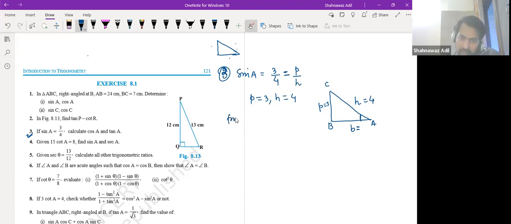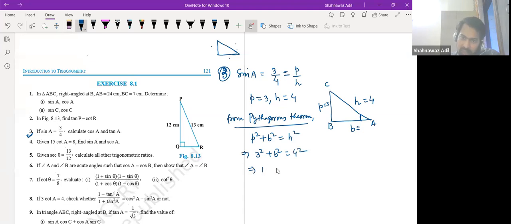So from Pythagoras theorem, P square plus B square is H square. So P is 3 square, B we have to find out, and H is 4 square. So B square would be 16 minus 9, which is 7. So B would be root 7.